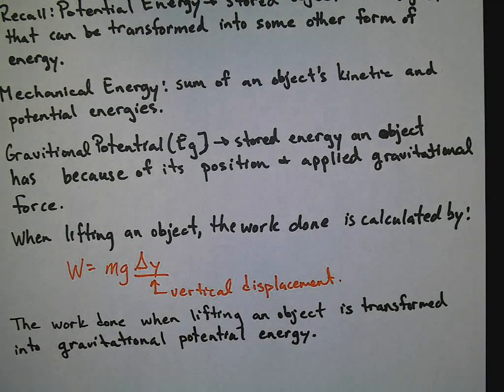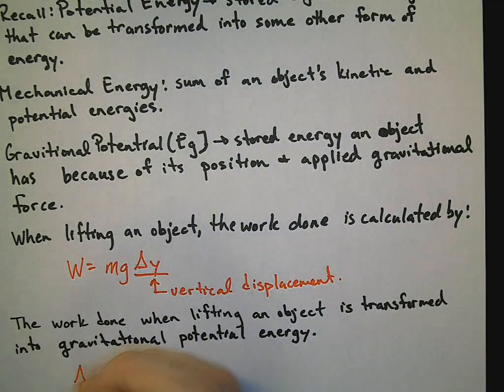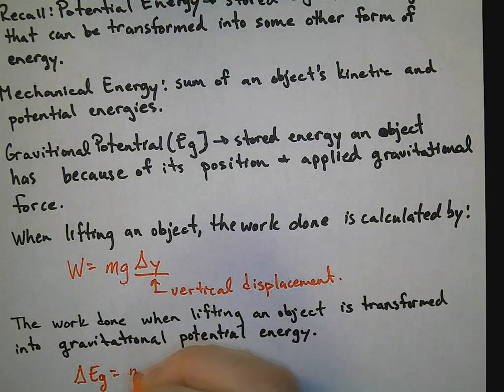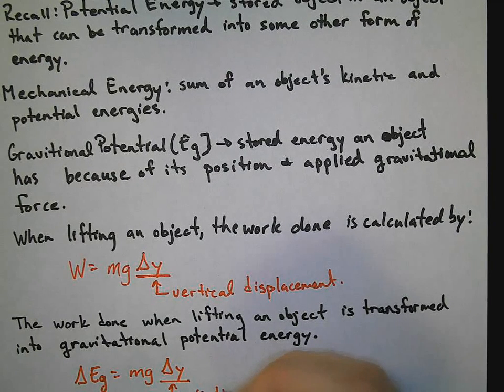So therefore, our change in gravitational potential energy is equal to mg delta y yet again. And the key thing here is that this will be our vertical displacement of an object relative to a reference point.